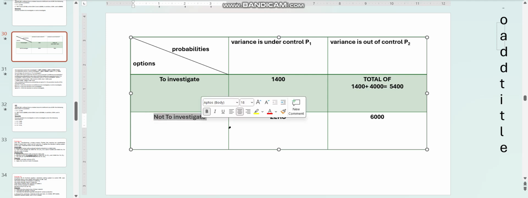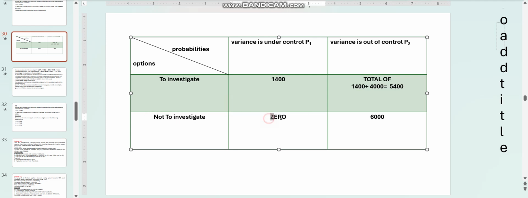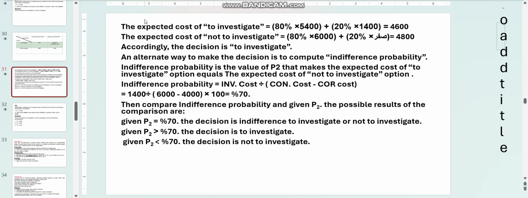Then, if you decide not to investigate a cost variance that is under control, zero cost is afforded. While if cost variance was out of control, you will afford cost of continuation, cost variance continuation as 6000.